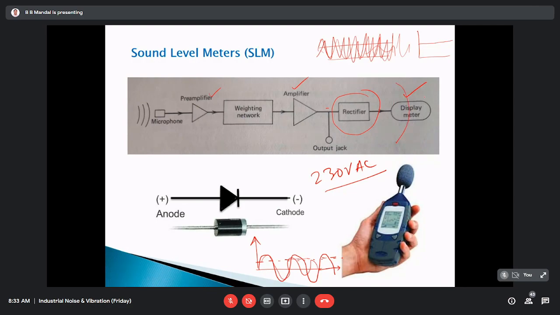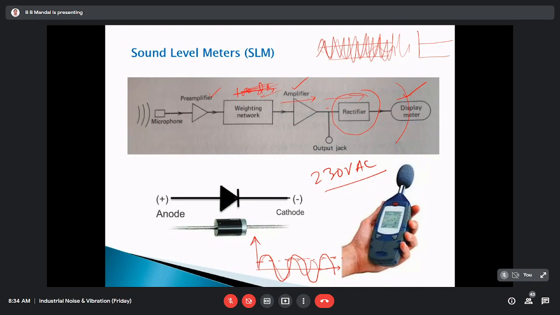That means if you are doubling anything or making it 10 times, but the signal remains 100 dB, then whatever transformation you are doing, ultimately you have to show that it is hitting 100 dB. So how do you do that? You have to make some standard calibrators by which you can calibrate it. In analog also you can calibrate, in digital also you can calibrate.